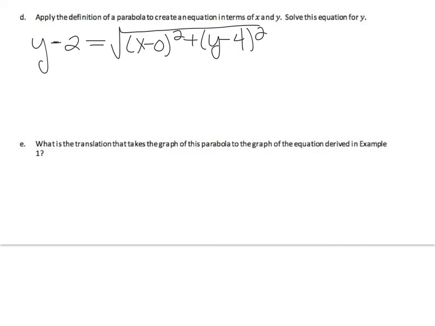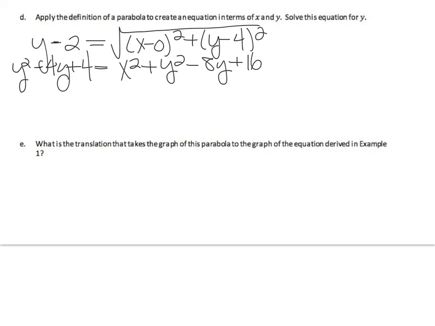To square the left side, I have to FOIL it. So I just want to erase that so we're not misled. I have y squared minus 4y plus 4 equals x squared plus y squared minus 8y plus 16. Luckily those y squareds cancel out. Let's keep the y's on the left side.